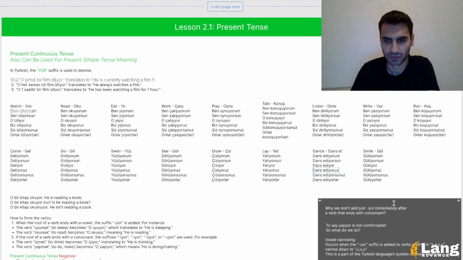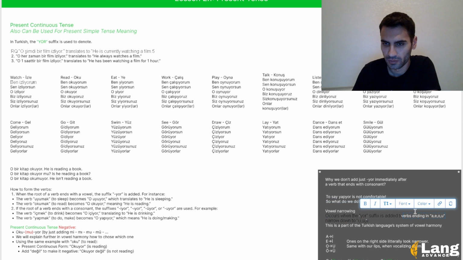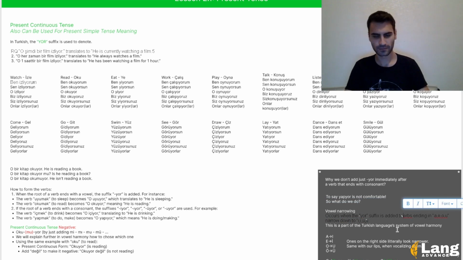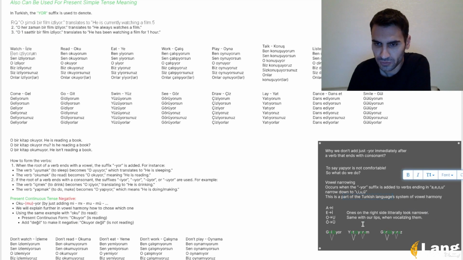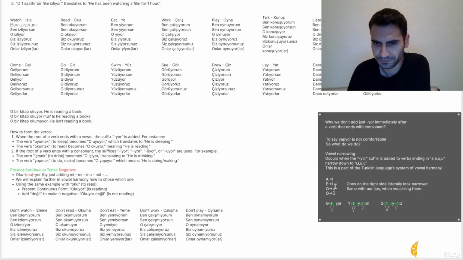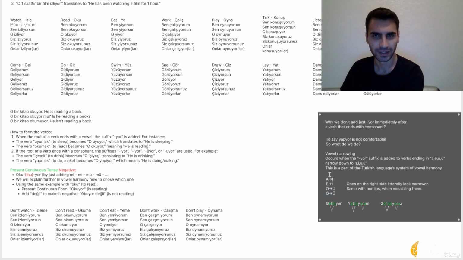let's start to see a little vowel narrowing. Here you can see A, E, O, Ö narrow down to Ü, I, U, Ü. A becomes Ü, E becomes I, O becomes U, Ö becomes Ü. How? You see, they are actually narrower than the left.